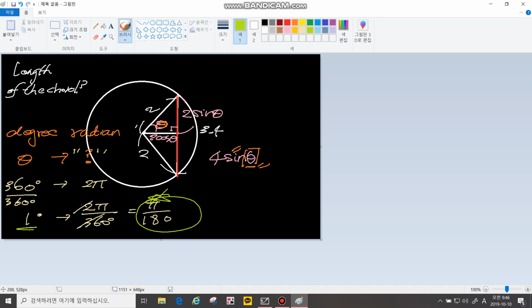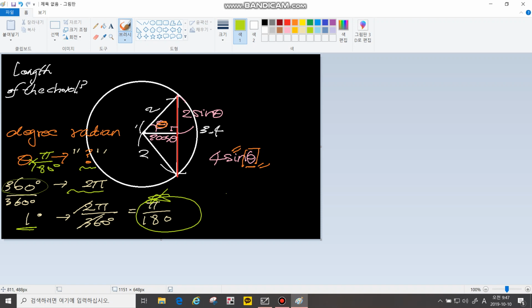You need to know. So what this is saying is, if you multiply pi over 180 to a degree, then you will get a radian of that, right? So for example, as you know, 360 itself in radian is 2 pi.